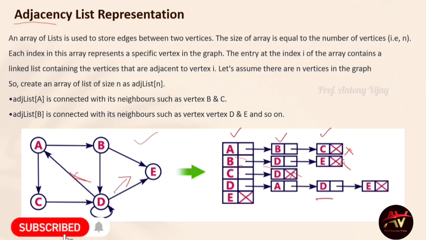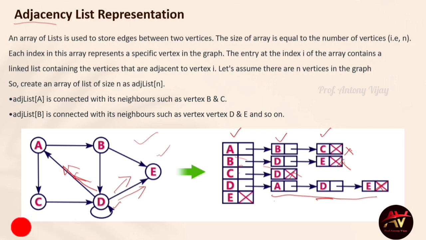So totally 3 vertices, and finally we have to cut like this. And E does not have any outgoing edge, so we have to cut like this. This is the representation of adjacency list.